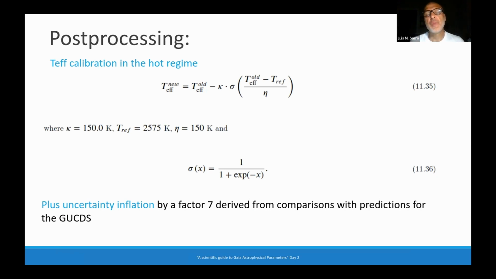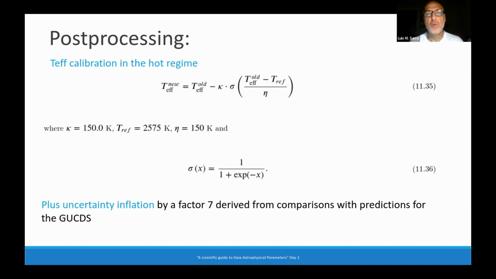And we compared the predictions with Sloan, Simbad. We looked at the Gaia ultracool dwarf sample by Ricky Smart, and we got the impression that our temperatures were overestimated. So we applied a correction to bring the two predictions together. I'll explain later what these two predictions are.